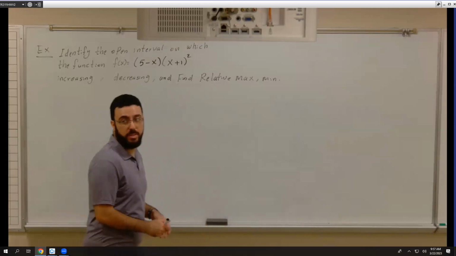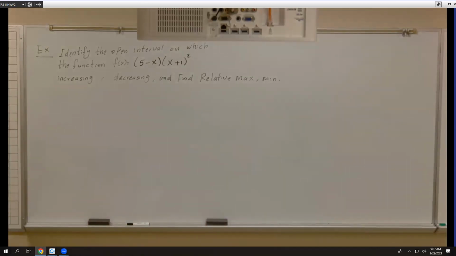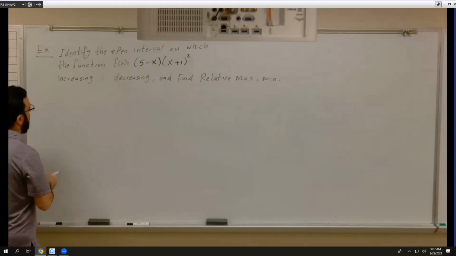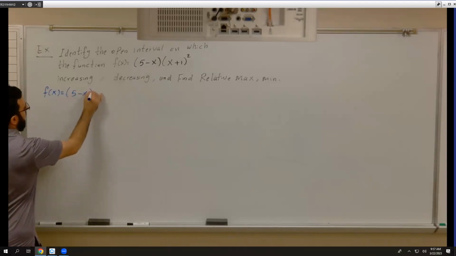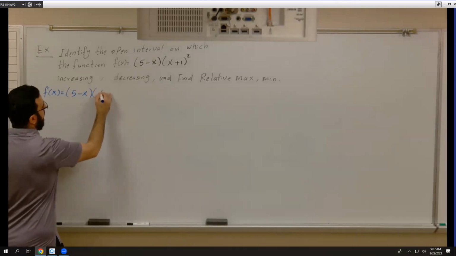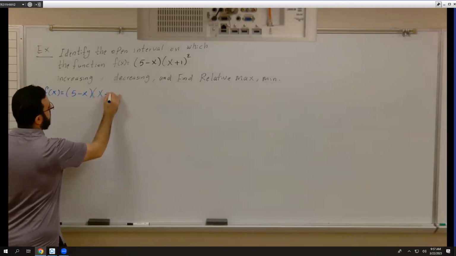This is the important step. So here is my function, f of x equals 5 minus x times x plus 1 squared.